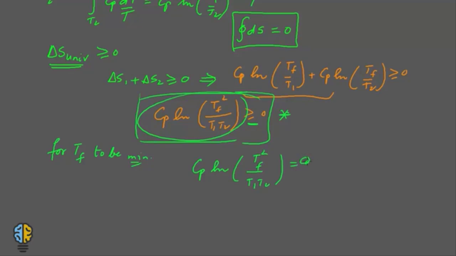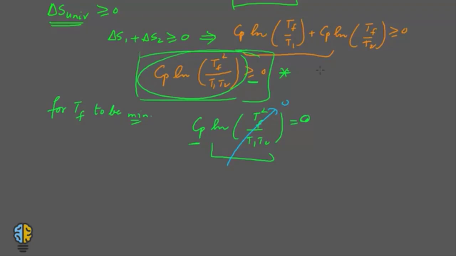Now from the product of two numbers, we can easily see that Cp cannot be 0. So the only conceivable value which is 0 is this value. So you can say that log of Tf square upon T1 T2 is equal to 0. Now what is log 1? Log 1 is 0.